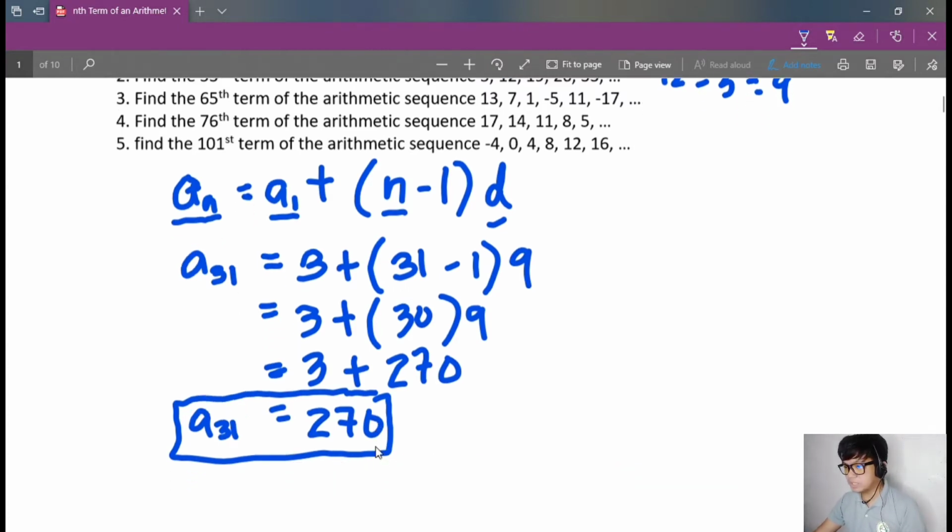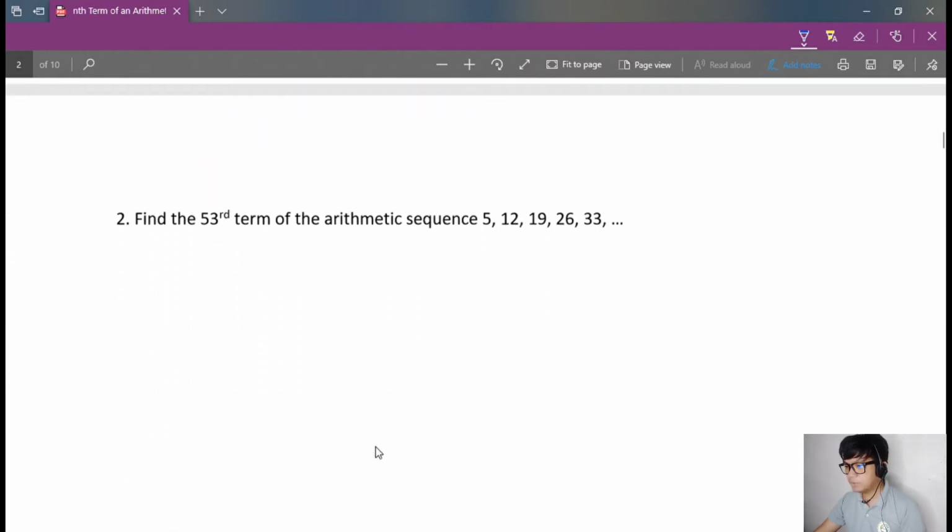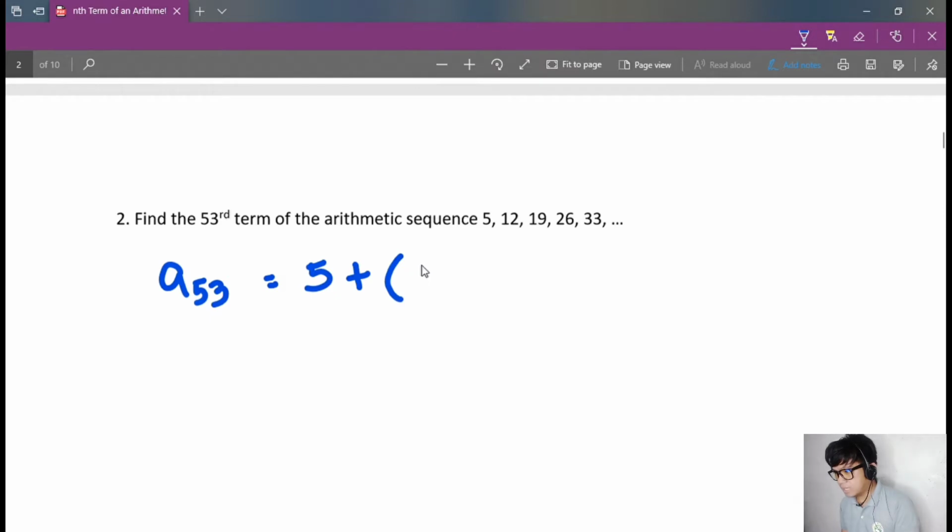Okay, let's proceed to number 2. For number 2, find the 53rd term of the arithmetic sequence 5, 12, 19, 26, 33. So, ganun din yung gagawin natin. So, a sub 53 is equal to, our first term is 5 plus n natin is 53 minus 1.